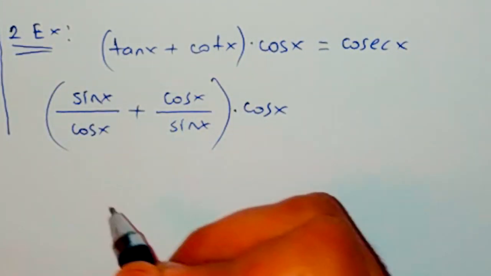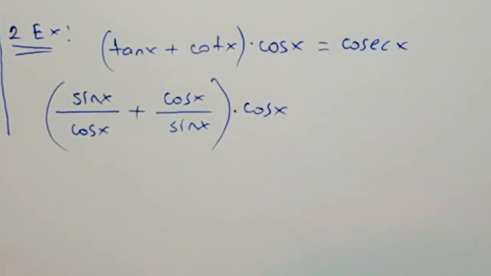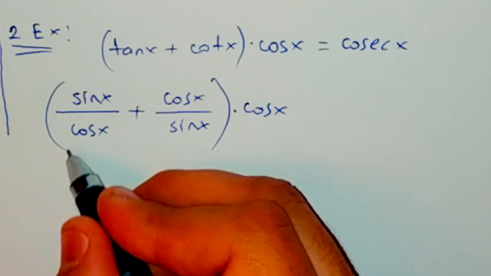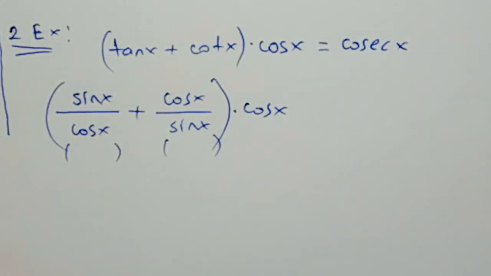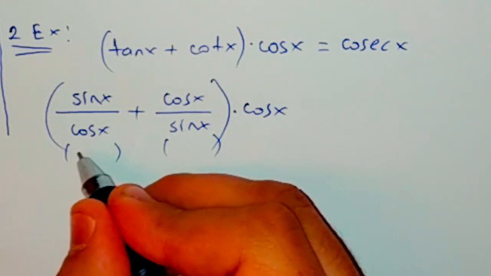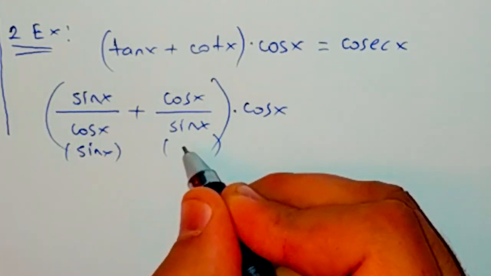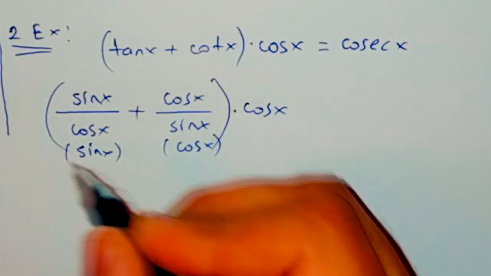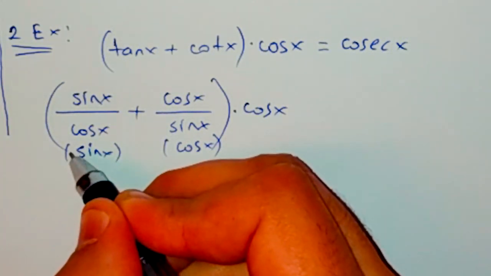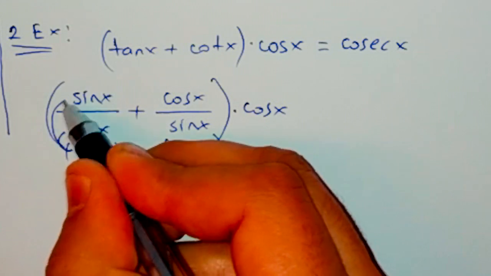To add two rational expressions, we need to have the same denominators, so we need to equalize denominators like this. Here I will multiply by sine x, and here I will multiply by cosine x. Sine x will be multiplied by this one and this one too.